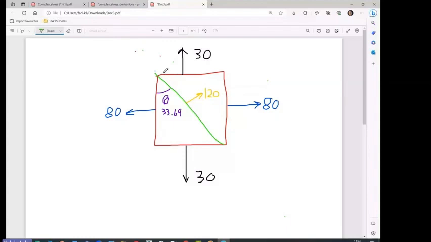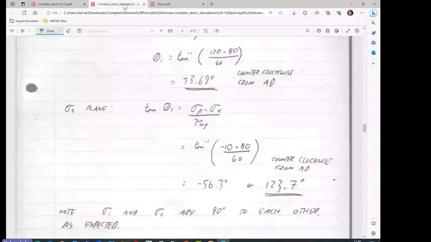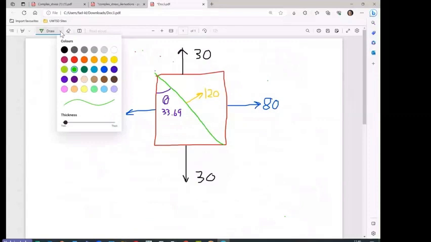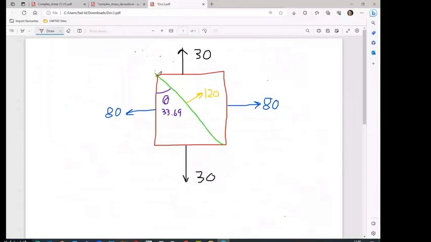Let's now look at the minimum principal plane. The minimum principal plane was at minus 56.3 degrees. If I were to draw that, let's put that in pink here. That would be in this position here.